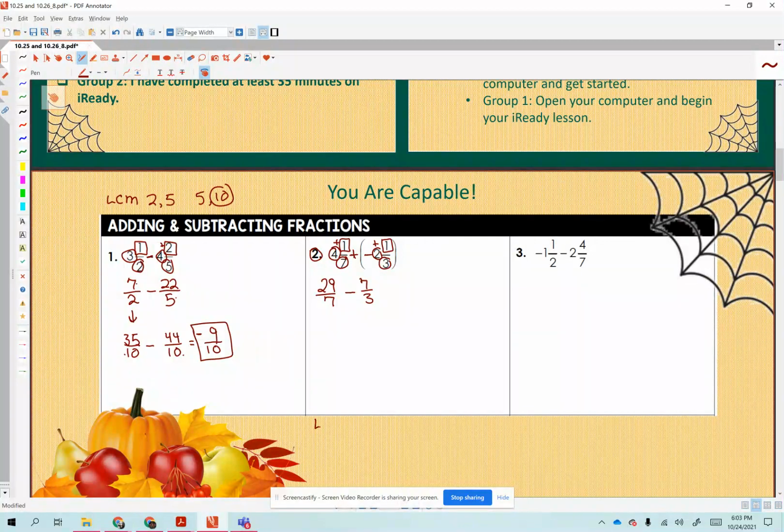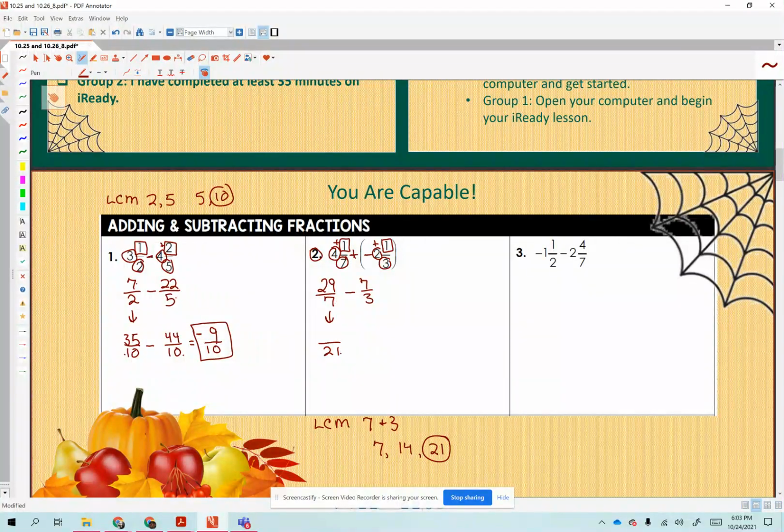This time we need an LCM of 7 and 3. Multiples of 7 are 7, 14, and 21. And 21 is also a multiple of 3. So I will rewrite these fractions with a denominator of 21.